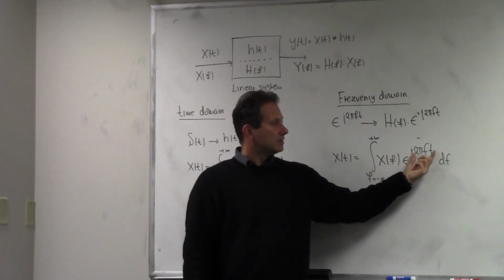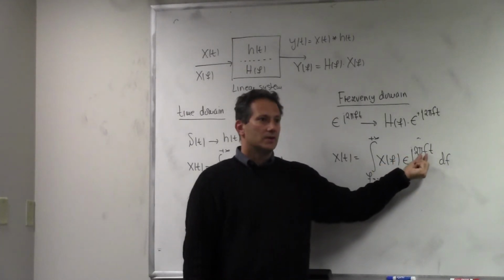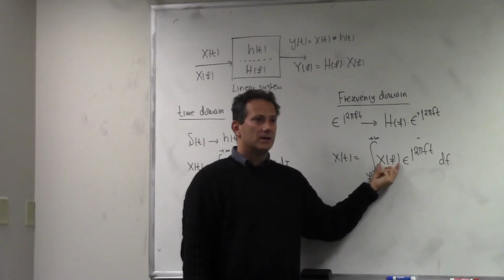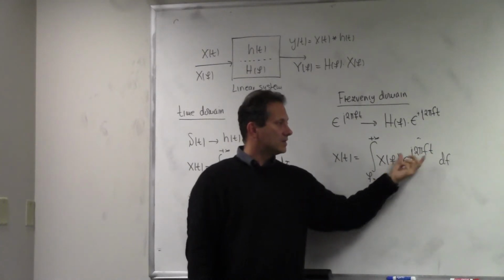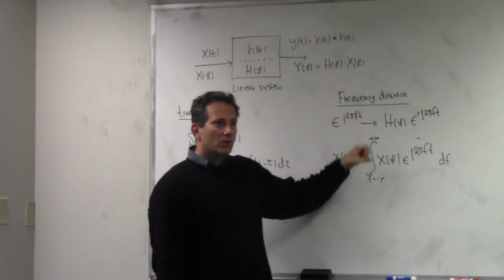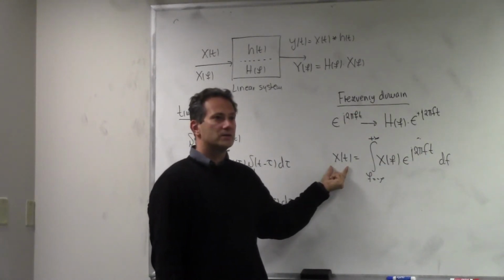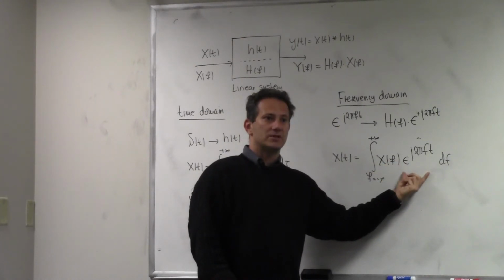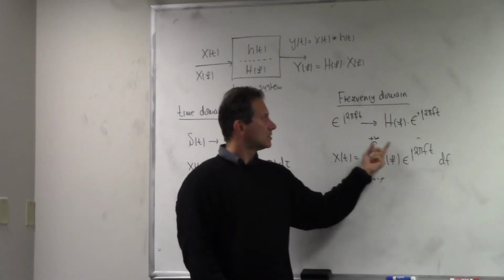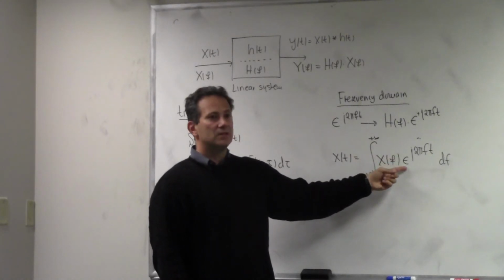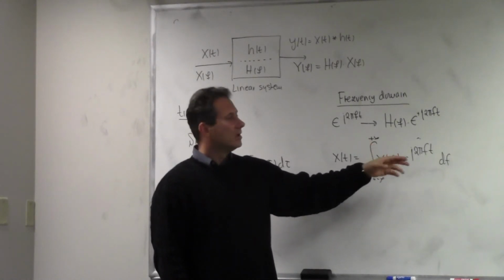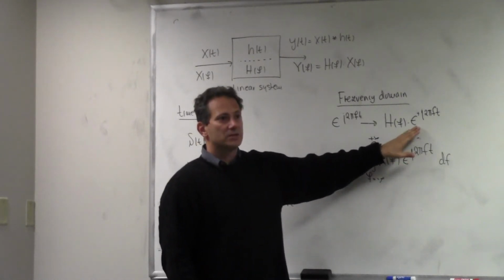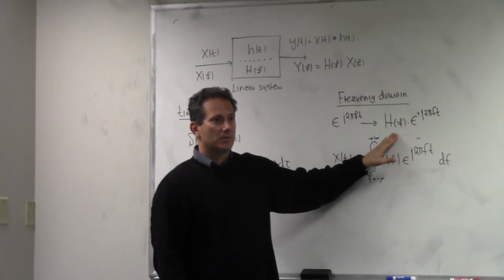Every exponential at the frequency f is multiplied by the appropriate magnitude, and a phase is added to it. And then I sum all of these exponentials to form my x of t. I know the response to every one of these exponentials, right? Every one of these exponentials, when presented to the linear system, will result in the same exponential, just scaled properly.